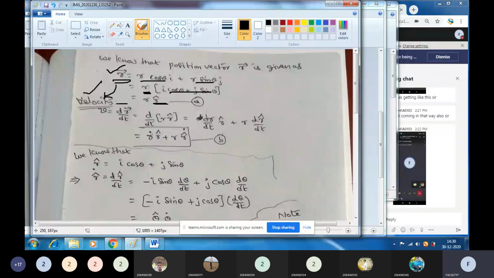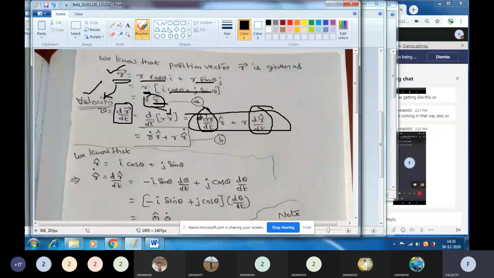You differentiate that particular value of position. You are just substituting this factor in the differentiation, and thereafter you get these two terms, where you replace this differentiation with a dot, and this differentiation with a dot.